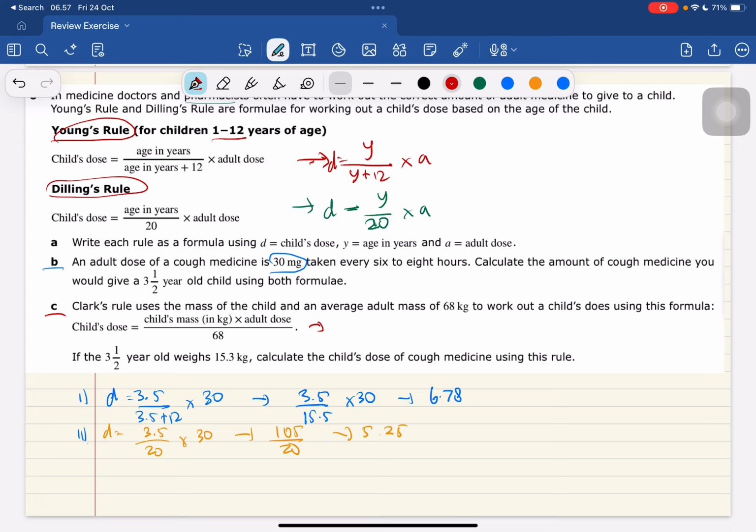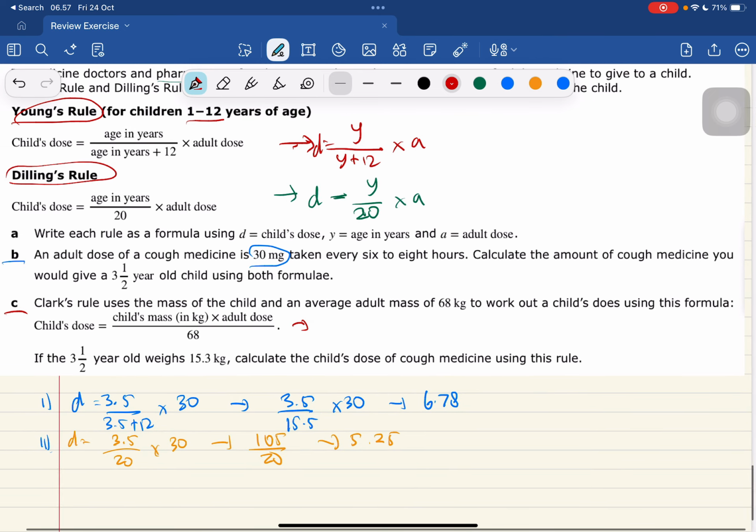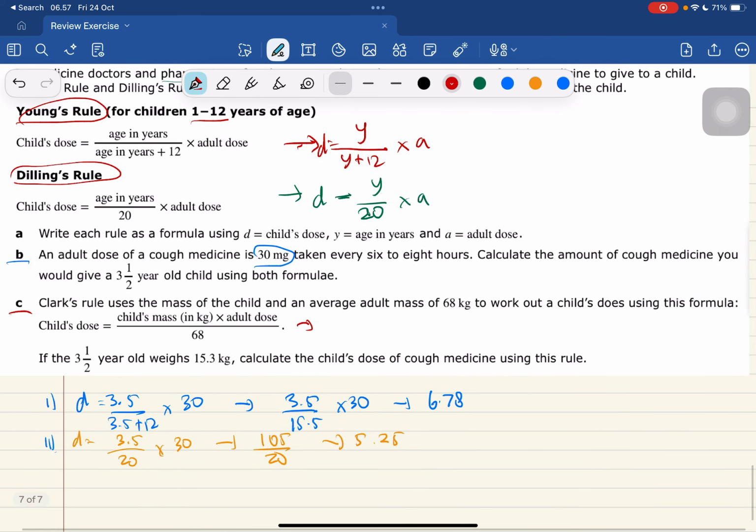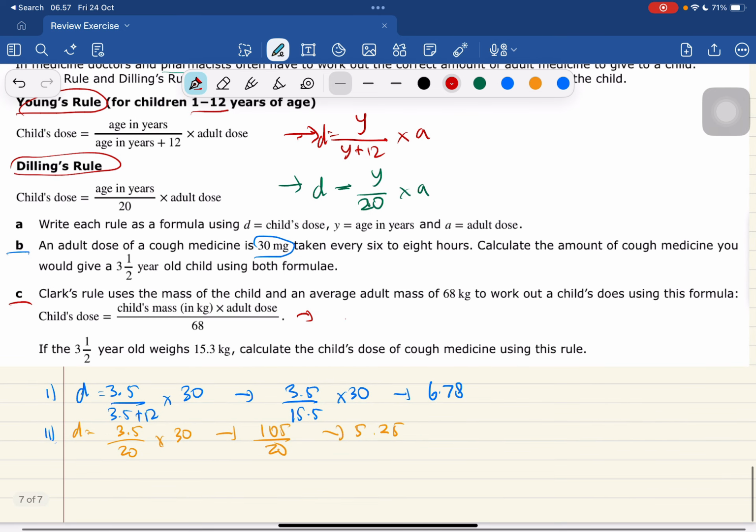Child mass, okay, average mass of 68. Okay, so this is 15.3 times adult dose. We can take it from here first, 6.78 divided by 68.